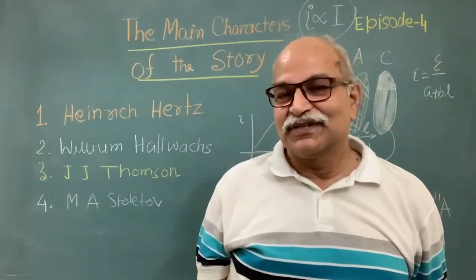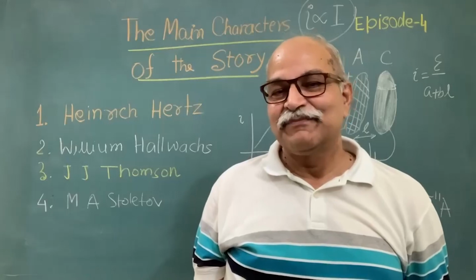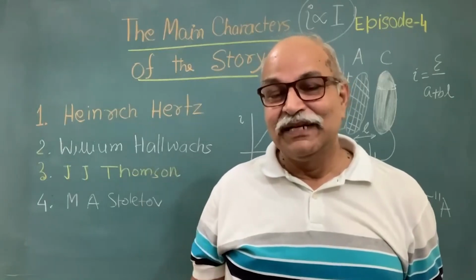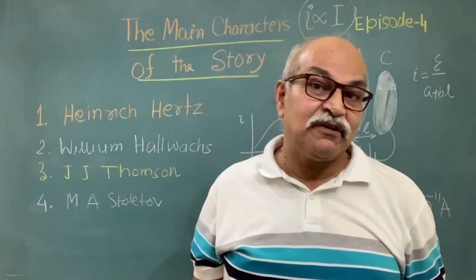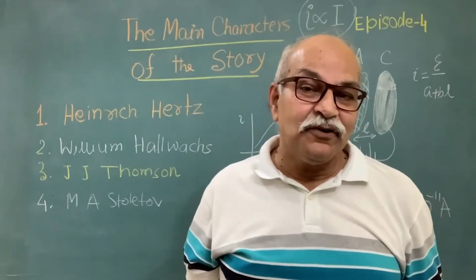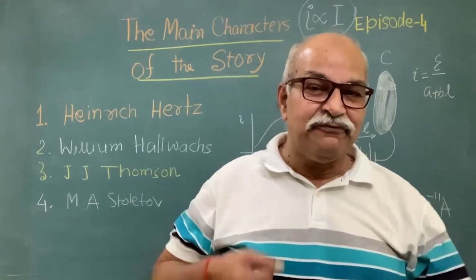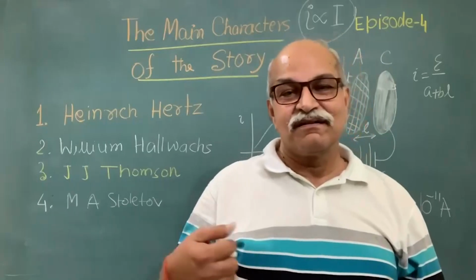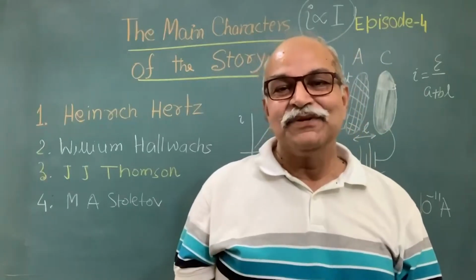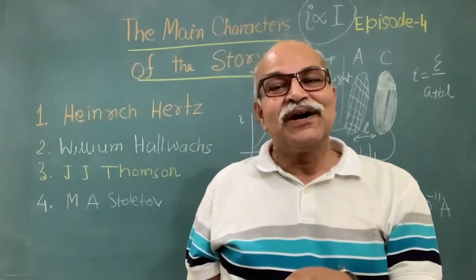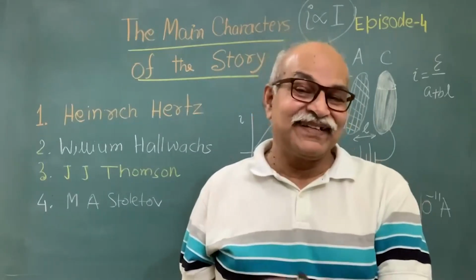Hallwachs, of course, has no measurements, and these are all 1888, and even that Thomson paper of 1899. There also the main focus is that these charges which are generated when ultraviolet falls on a metal are the same as cathode rays.